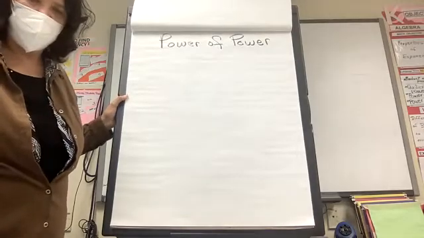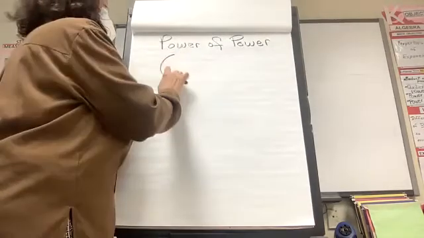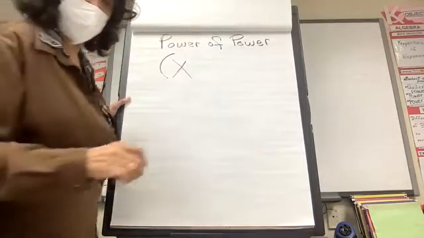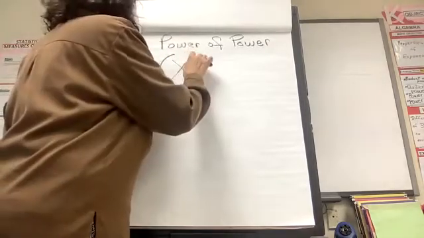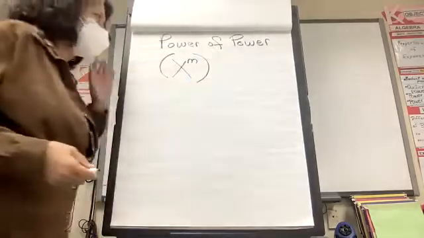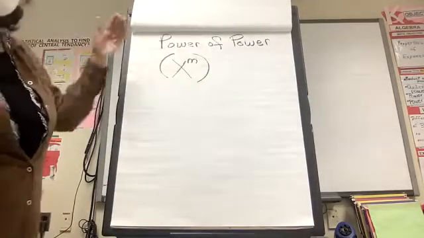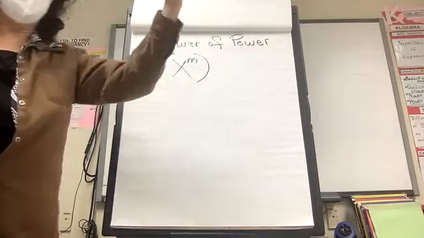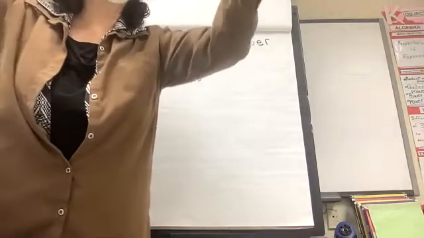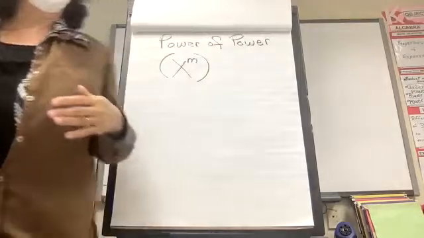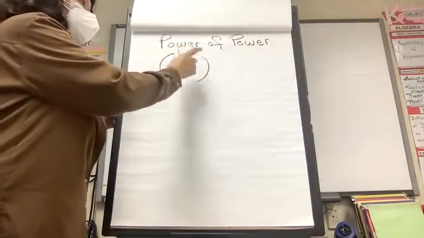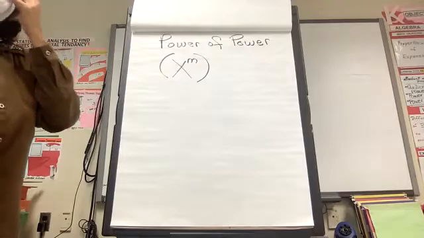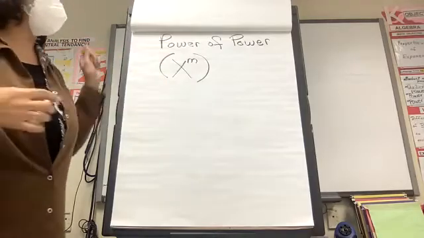Okay, so a power of a power is kind of like if you have a number in parentheses and it has a power on it, like x to the m. And then you take that power and you put it in parentheses. When you put something in parentheses, the parenthesis says, I am in charge of everything inside. So this is a number that has its own power, but now the parentheses indicates that we're taking a power of that power.